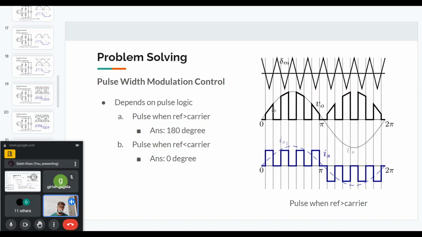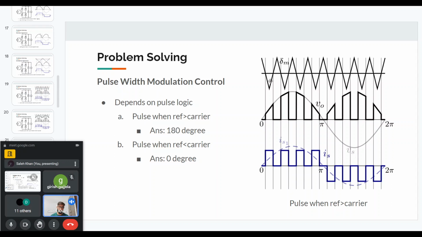For example, in the case that I had shown previously, I had used the logic that when the reference is greater than the carrier, I will turn on the switches so that I will get a pulse.